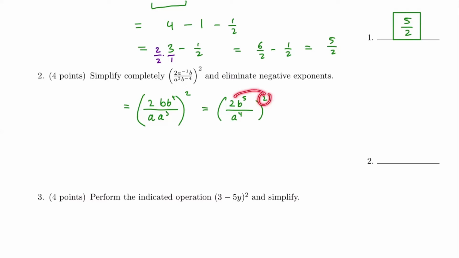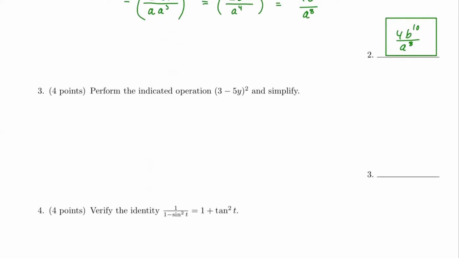So we distribute this power to every power here. So we'll have 2 to the second power, that's 4, B to the 5th to the second power, that's B to the 10th, over A to the 4th to the second power, that's A to the 8th. And there you have it. That's your final answer: 4 B to the 10th over A to the 8th.